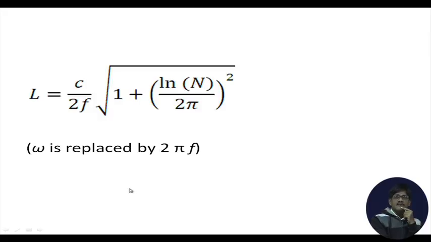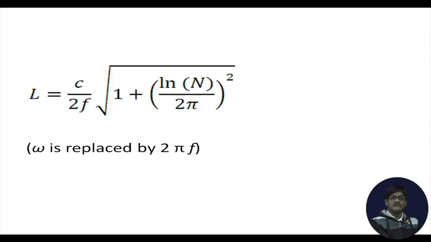So after all that calculus and all that analysis, we are ultimately coming to the conclusion that the length of the horn with exponentially decaying cross section can amplify the amplitude that we have seen, and its length should be this one.